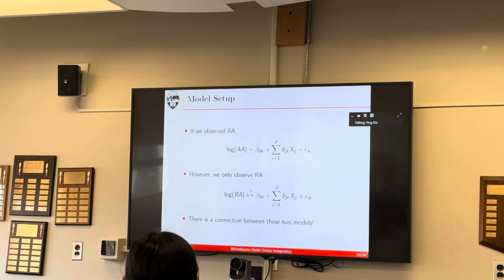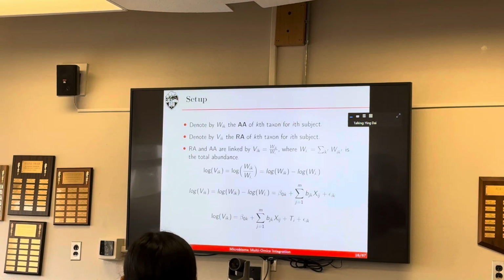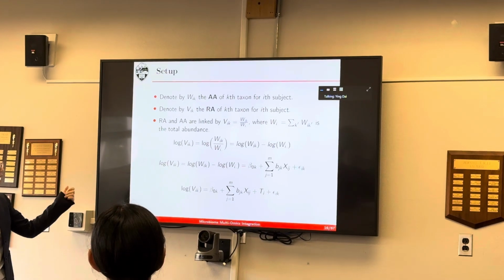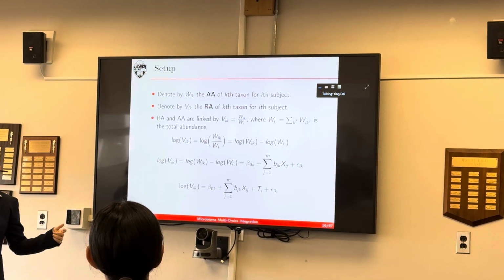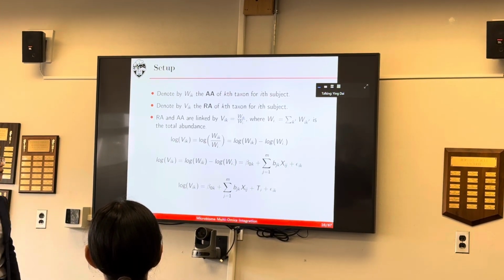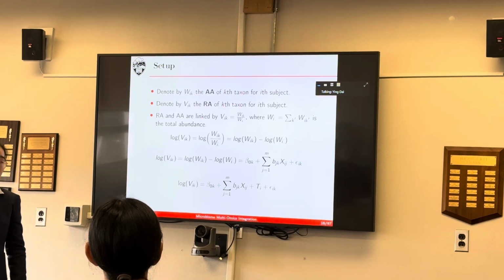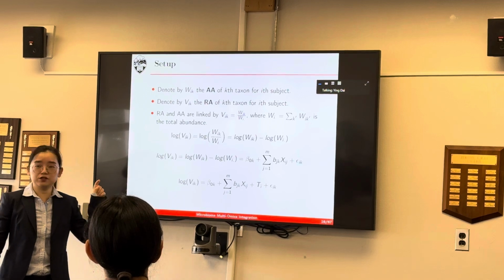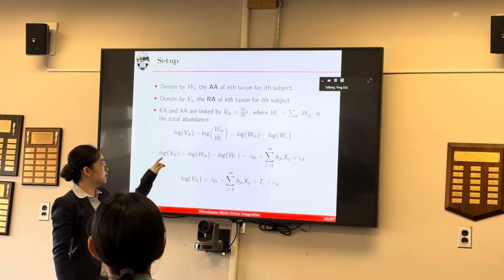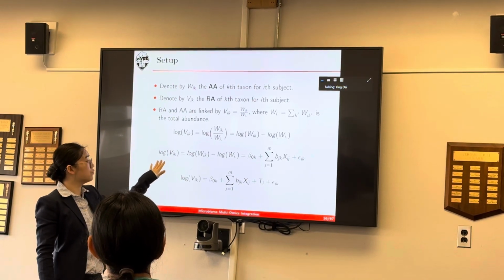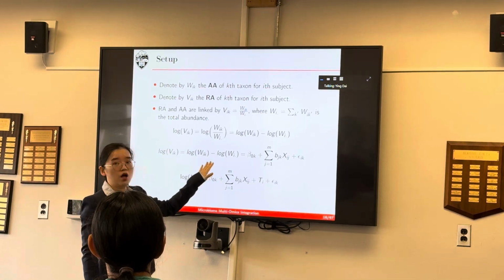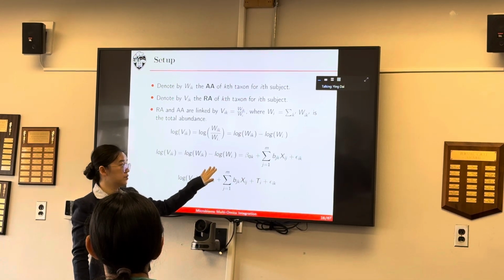Luckily, we do find the connection. Let's assume that W is AA and V is RA. As I mentioned before, RA is calculated by AA divided by the total abundance. After we use the log transformation, the beauty of it is that the log of RA is equal to the log of AA minus the log of total abundance.